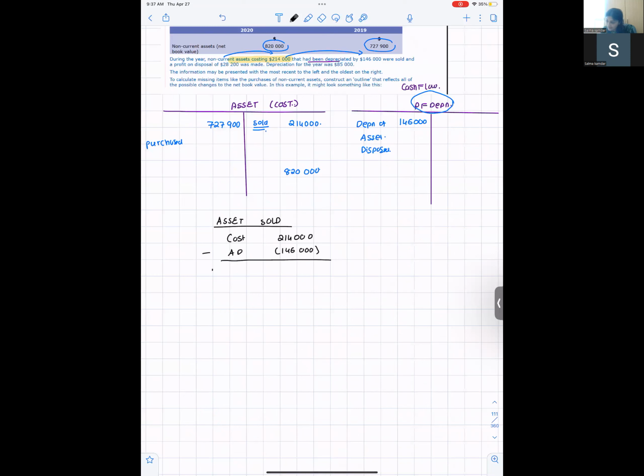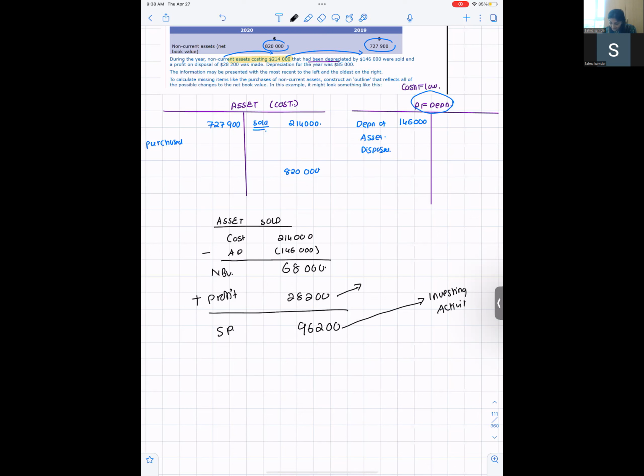It is 214,000 minus 146,000, so it is 68,000. And you have sold it at a profit of 28,200. So the selling price of the asset is 68,000 plus 28,200. The selling price of the asset is 96,200. This will be your investing activity. This is your non-operating income.